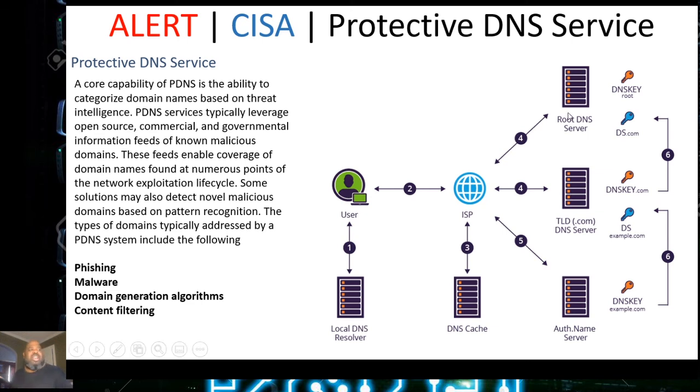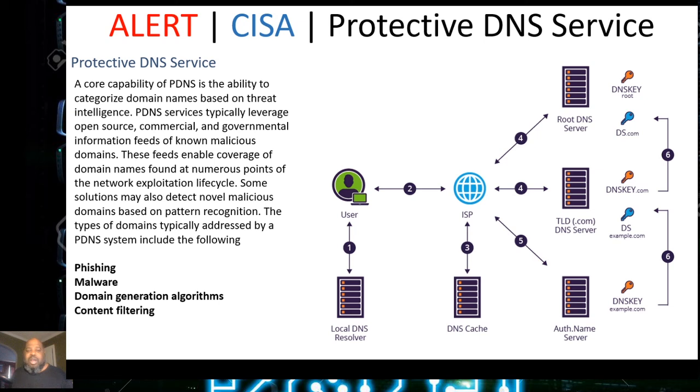So now we're going to talk about what a protective DNS server is. That's just added protection once again for your DNS server. The core capability of a protective DNS server is to categorize domain name servers based on threat intelligence. The servers typically leverage open source, commercial, and governmental information feeds for known malicious software or malicious domains.